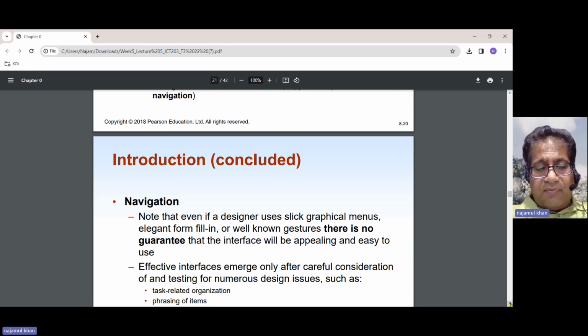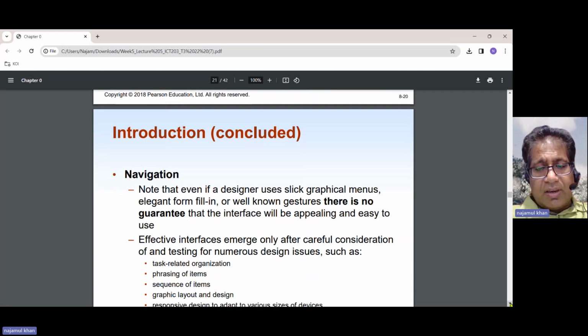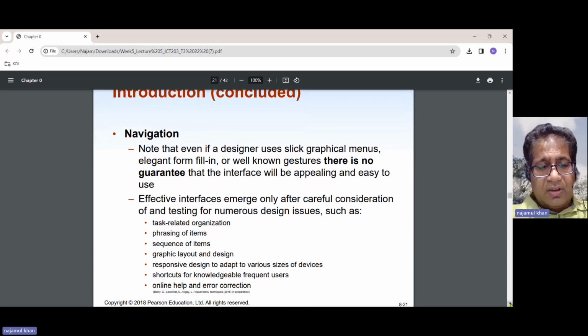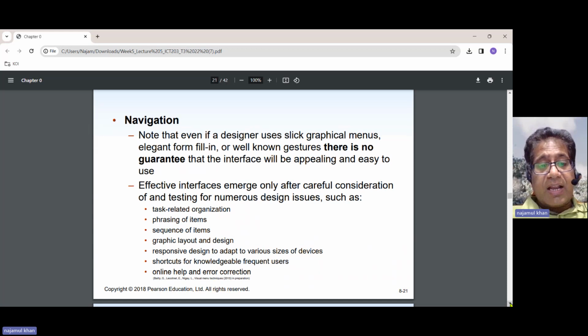Now effective interfaces emerge only after careful consideration and testing for numerous design issues such as task-related organization, phrasing of items, sequencing of items, graphic layout, design layout, responsive design to adapt to various sizes of devices, shortcuts for knowledgeable frequent users, online help, and online error correction.